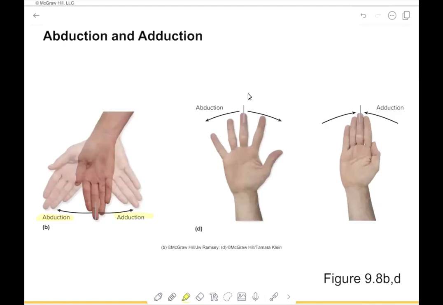Adduction would be adding one digit to another, or abduction, rather, taking it away, excuse me. And adduction would be returning that digit back to normal. So this would be abduction, spreading the fingers. Adduction would be returning the fingers back so that they are together.